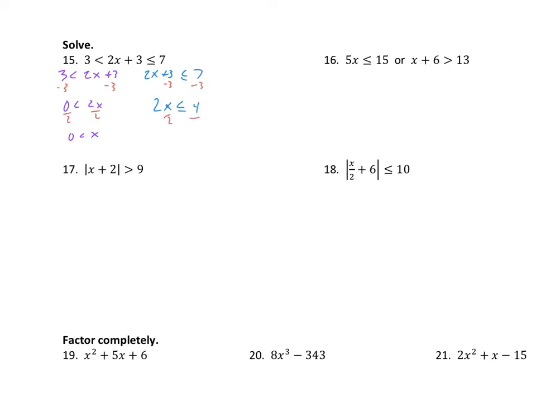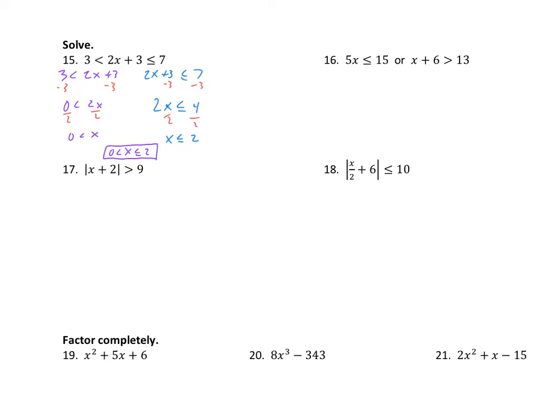Divide by 2, divide by 2. So x is less than or equal to 2. I'm just going to take those two pieces and put them back together into one answer. So that'd be 0 is less than x, which is less than or equal to 2, is our final answer. So x is somewhere between 0 and 2.